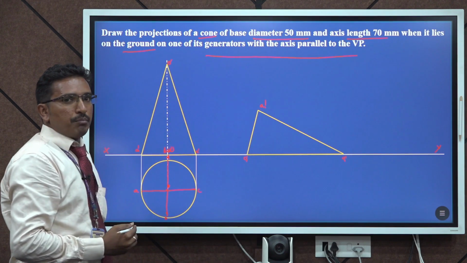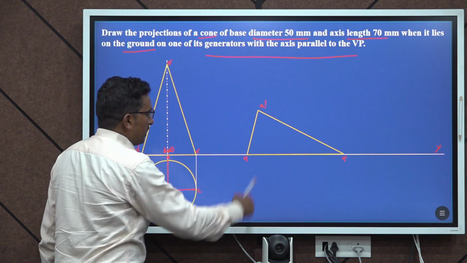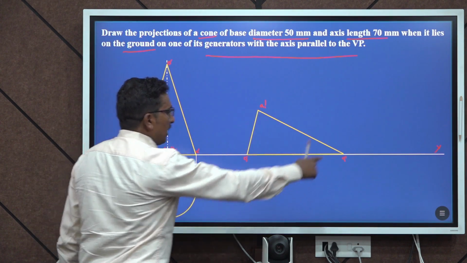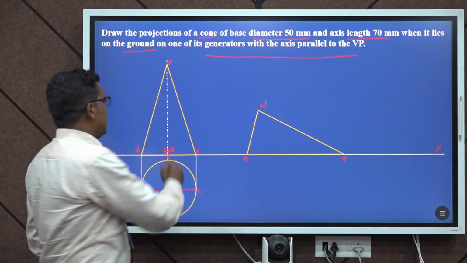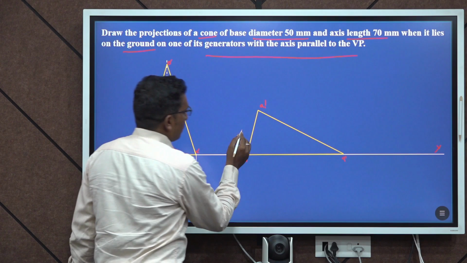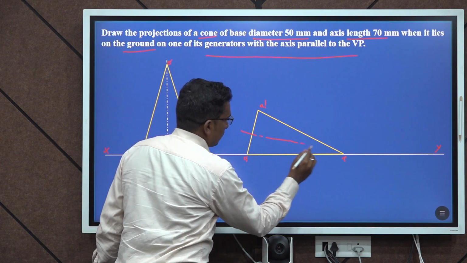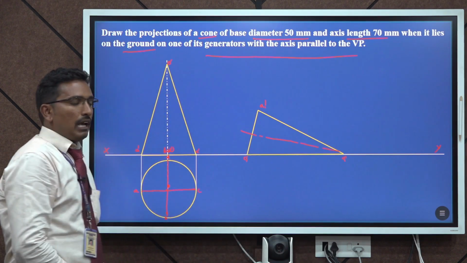Now we have to draw the projection lines from here, and then here, and then here, and then here. Before that we have to draw the axis line. So like this you have to draw the axis line.